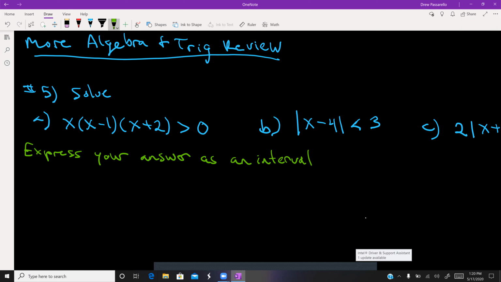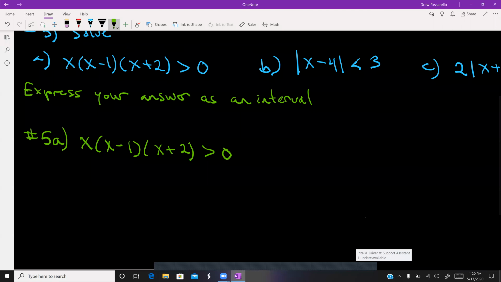All right, so for 5a, if I were to solve something like this, so I have x times x minus 1 times x plus 2 greater than 0. What I'm going to find is, so I'm going to first treat the inequality sign as an equal sign.